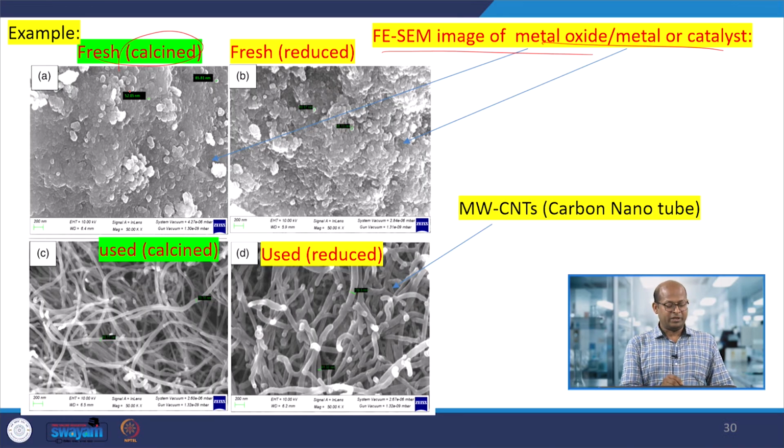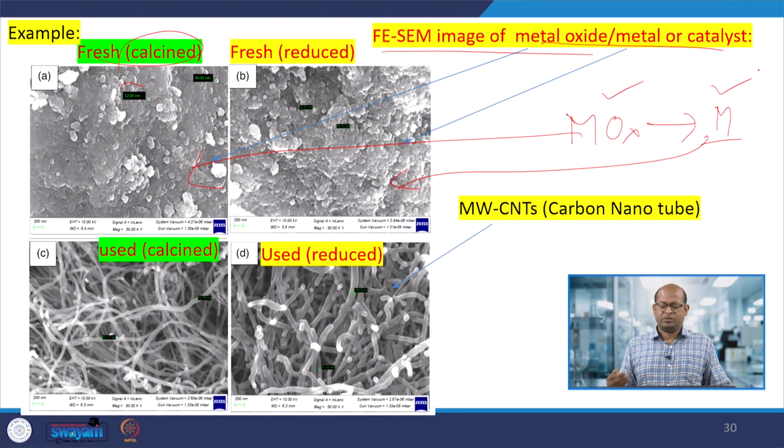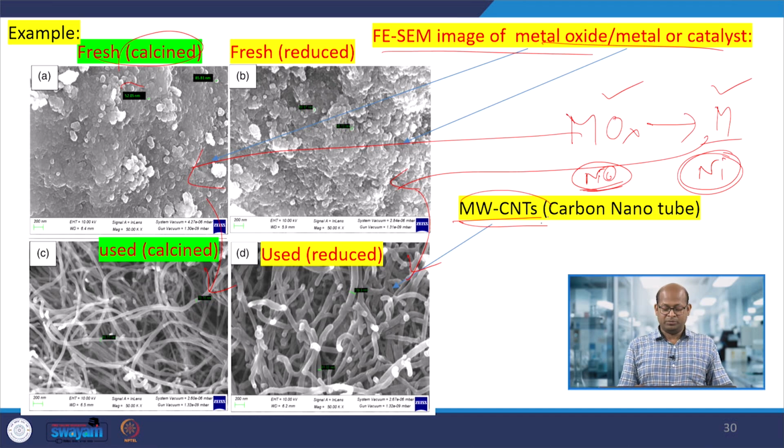When a calcined material was taken, the metal oxide SEM image was like this, and when this metal oxide was reduced and metal was formed, the image looked like this. Both the metal and metal oxide, let's say nickel metal and nickel oxide, were used to prepare multiwalled carbon nanotubes. In the used samples you can see both nickel oxide and nickel metal forming, hence they were used as nanomaterials for catalyst development or for the preparation of multiwalled carbon nanotubes.